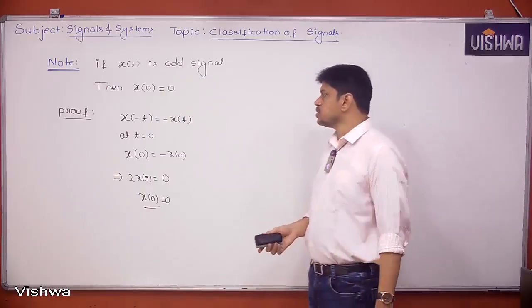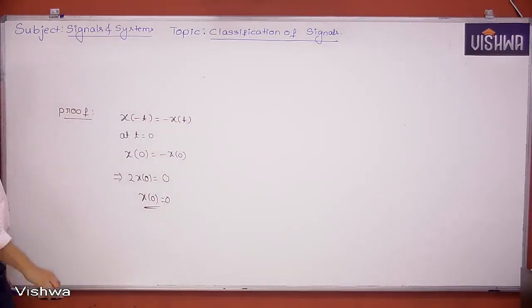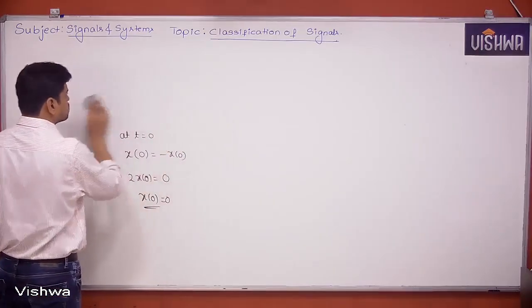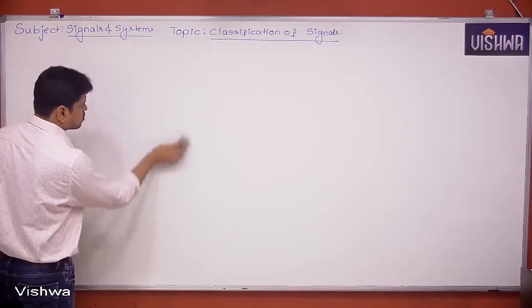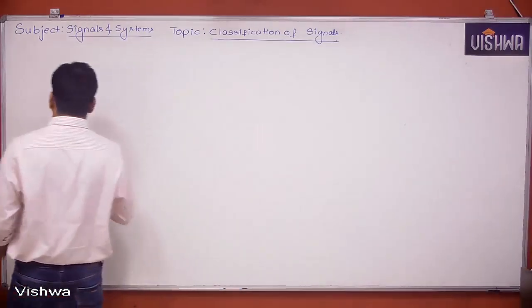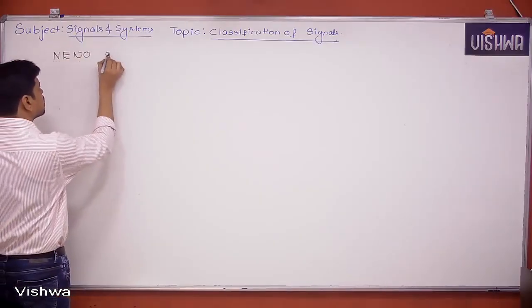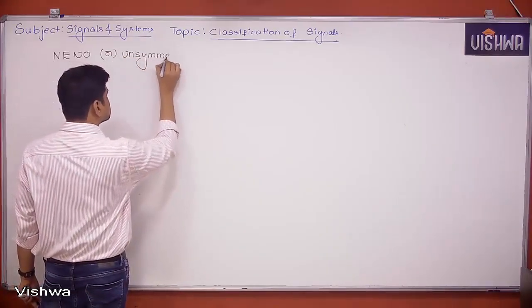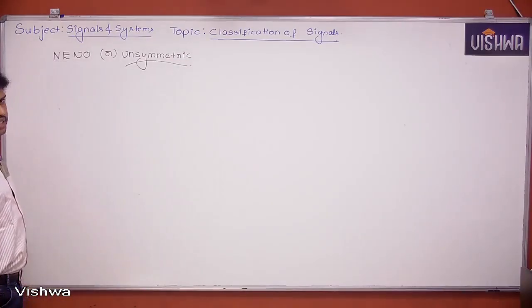Next, let's see neither even nor odd signal. Or we can call this an unsymmetric signal.